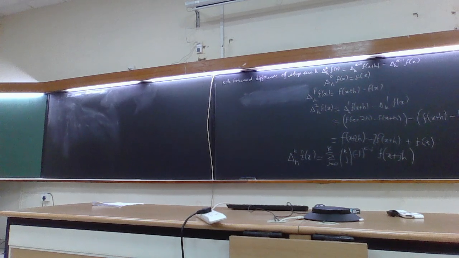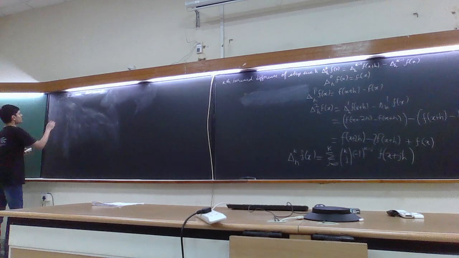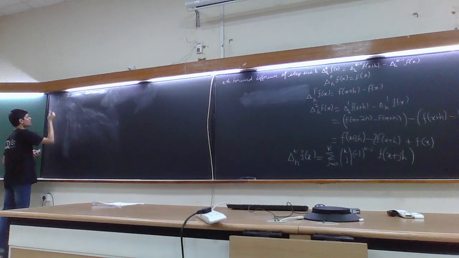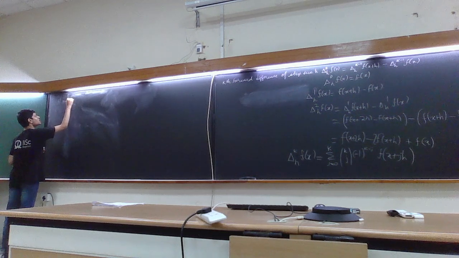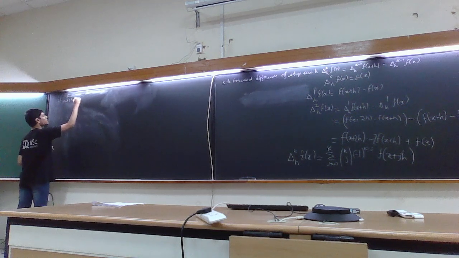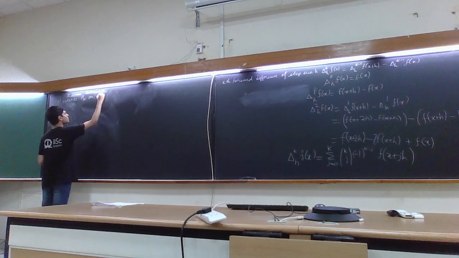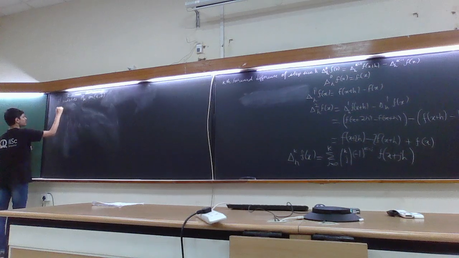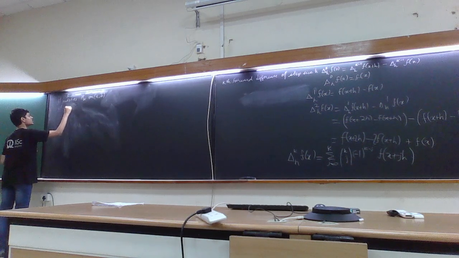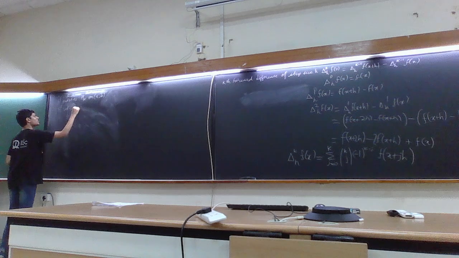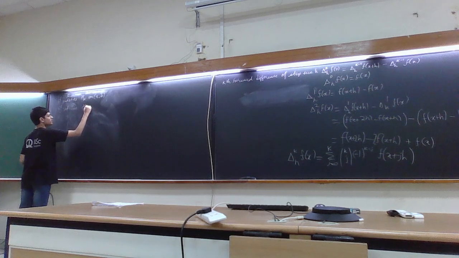What we prove is that when f satisfies h k on a comma b, then in fact f prime satisfies h k minus 1.